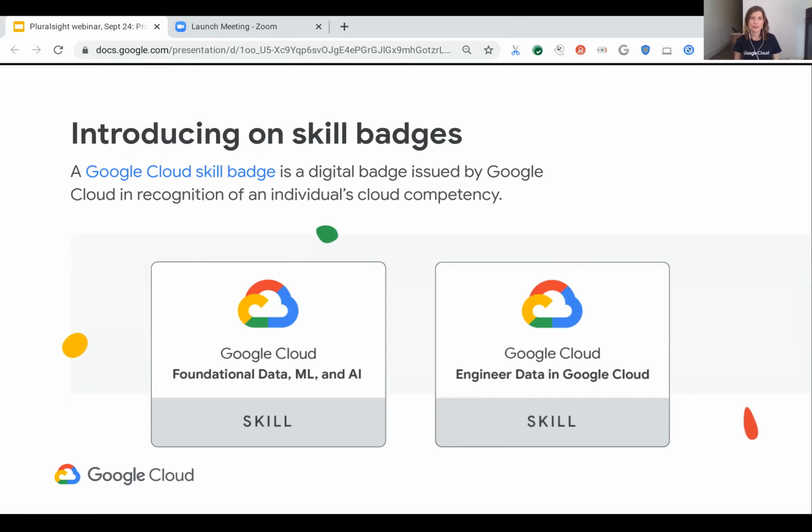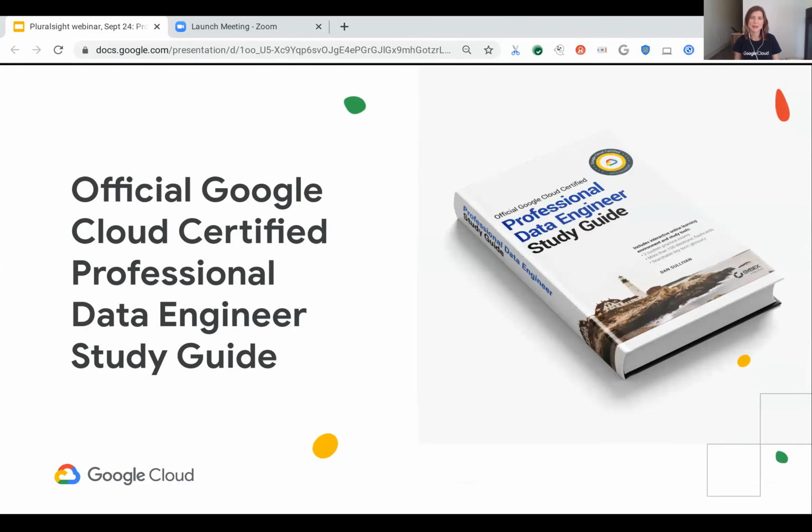They are provided via the Qwiklabs platform, and they consist of some quests with a challenge lab. Another preparation resource on your professional data engineer certification journey is the actual official study guide.